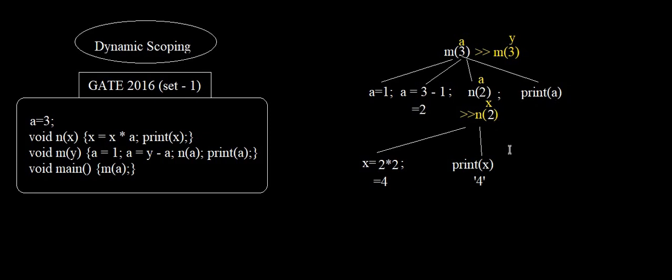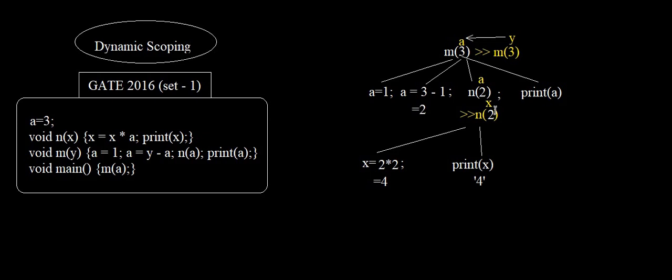Now let us see here. In dynamic scoping we have a rule that if m of a is calling m of y, it means that after returning from the call, it should assign the value of y to a. It means the value of y should be assigned to a after returning.